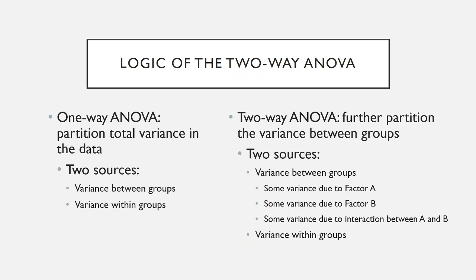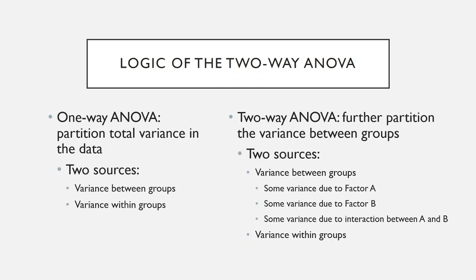So we want to partition out this between groups variance just like we did with the one-way ANOVA, but it's a little bit more complicated because the variance between groups could be coming from all of these various sources. Now, variance coming from any of those sources would be interesting for the question we're evaluating, but the idea is that we want to quantify the variance coming from these distinct sources.